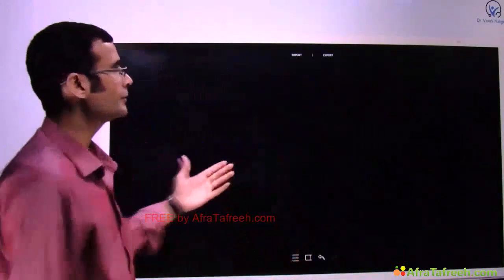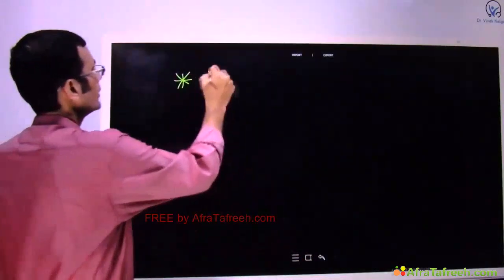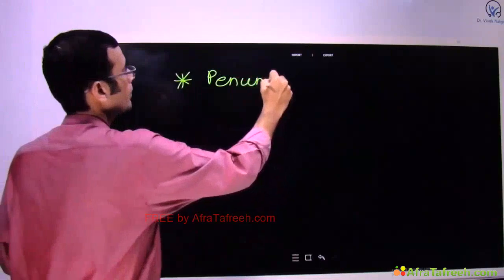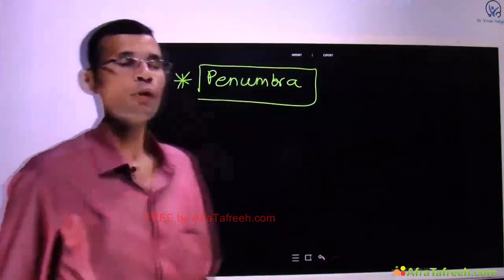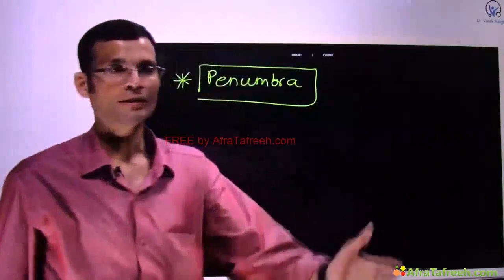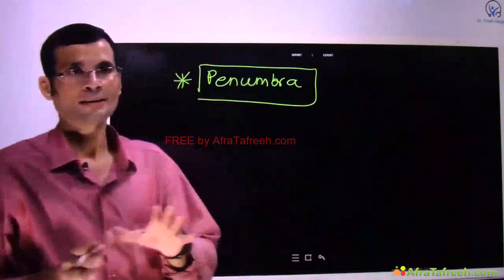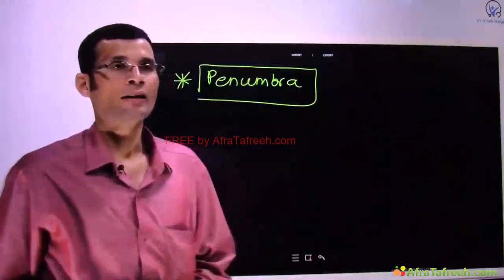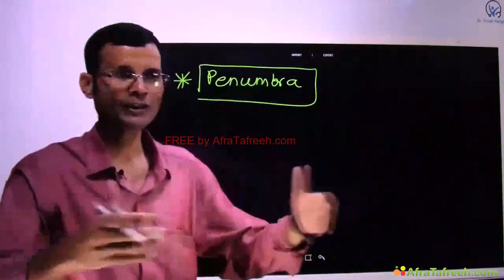What is the disease related to the glutamate? The disease is penumbra in the CNS. What is penumbra in normal language? Penumbra is a shadow, a lighter shadow at the periphery.